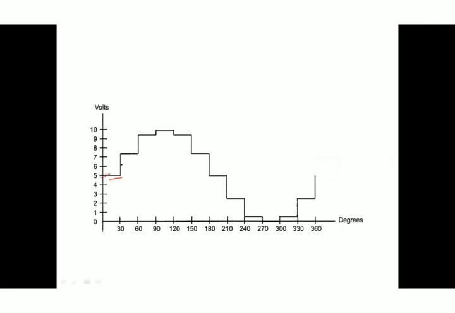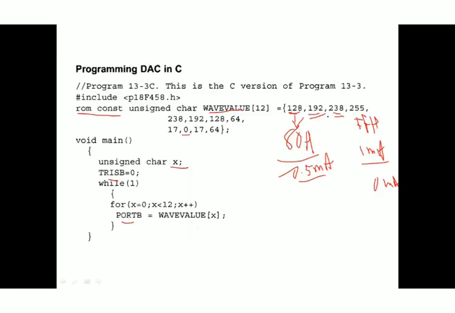For the next value, 192, the analog output generated by the digital to analog converter is nearly equal to 7.5 volts. For 238 it will be around 9.5 volts. For 255 they are making it 10 volts.